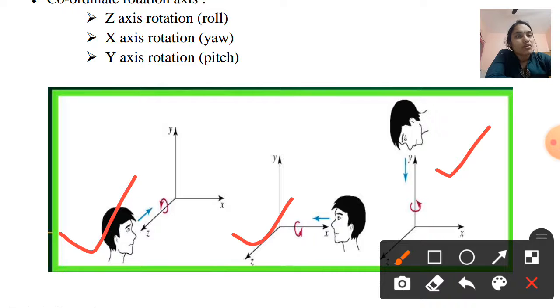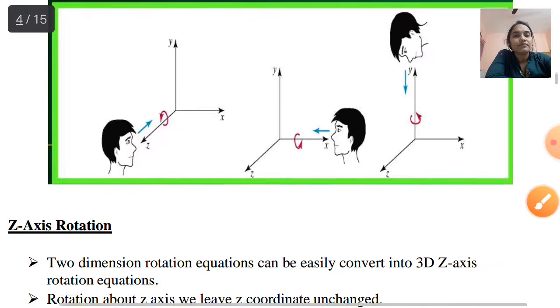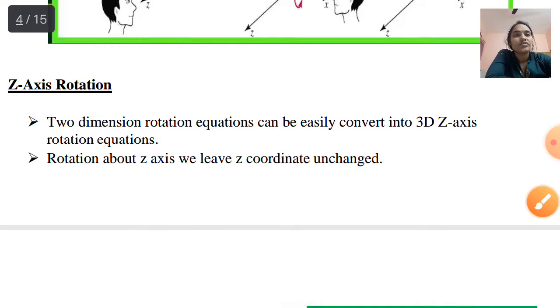In the direction of view, if we rotate along the axis, then the view is in that direction only.